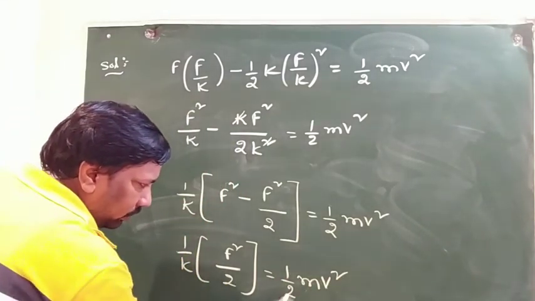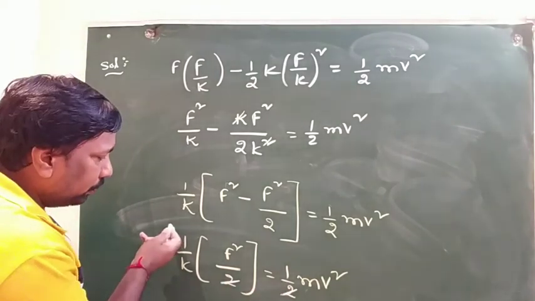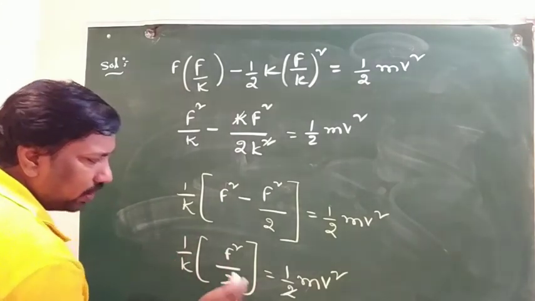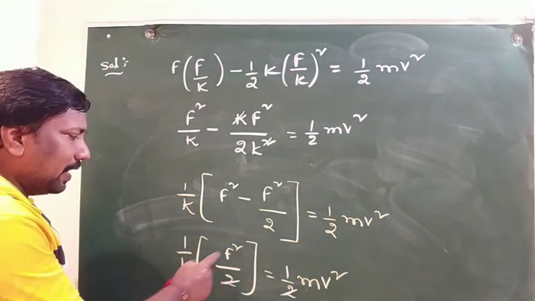Here this 2 cancels, because it is in the denominator on the left side and in the denominator on the right as well. That means half mv squared equals 1 by K into F squared by 2.